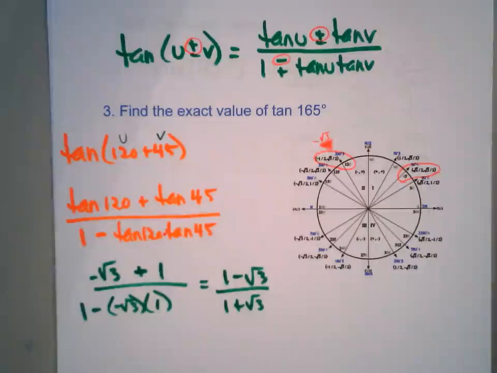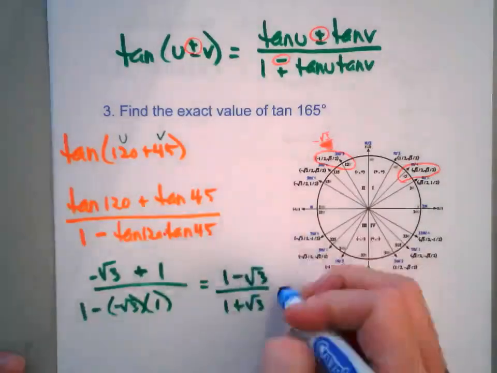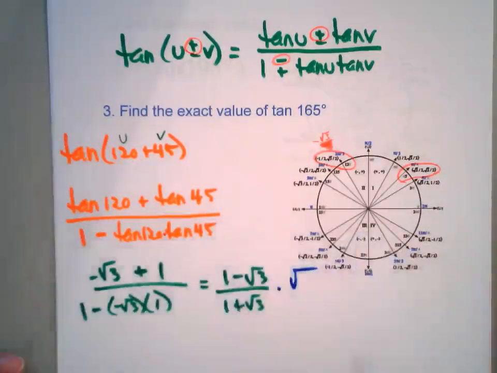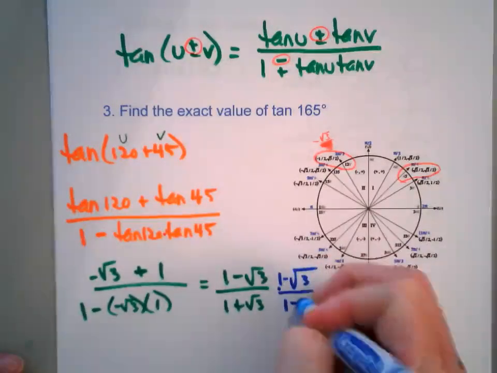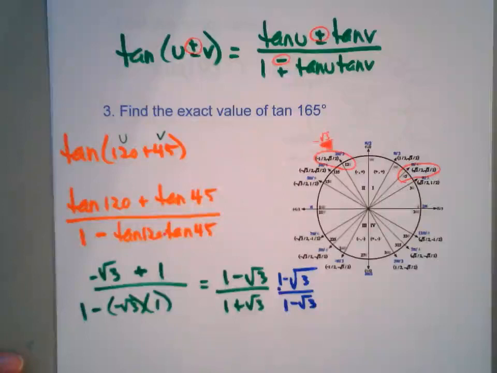No, this does not cancel out. Nothing here cancels out. But you can't leave a radical on the bottom. So you have to use a conjugate. So 1 minus square root of 3 over 1 minus square root of 3. Conjugate has a different sign on the bottom. So if this is plus, we use the minus here. Multiply top and the bottom by the same value.